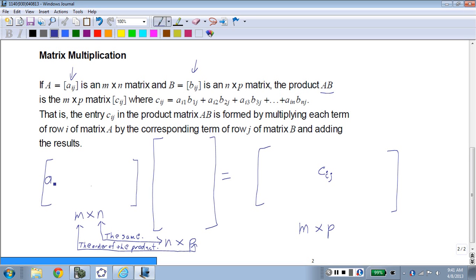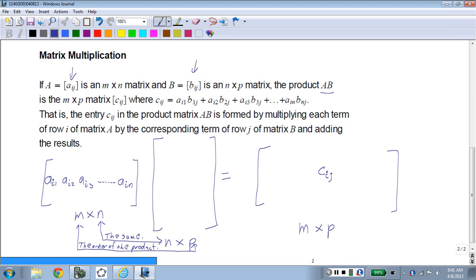Well, A sub I1, A sub I2, A sub I3, and we work our way all the way over to the last entry. Now we know this matrix has n columns, so the last entry in that row is A sub I n.